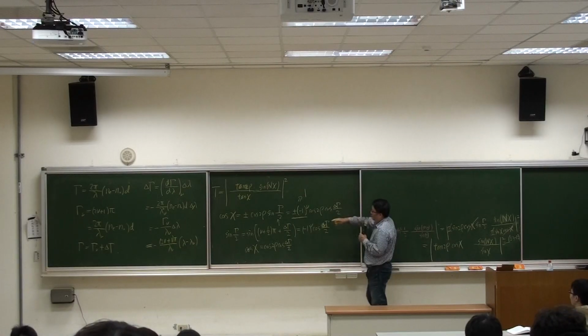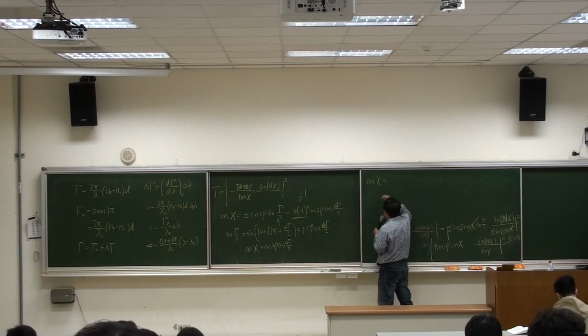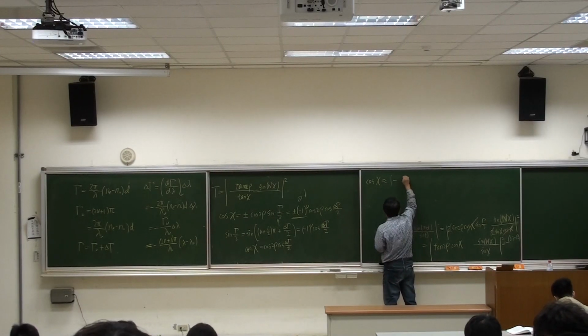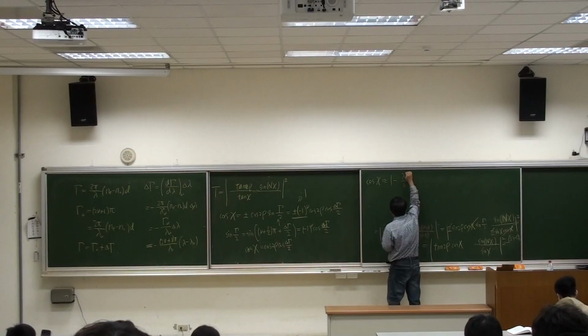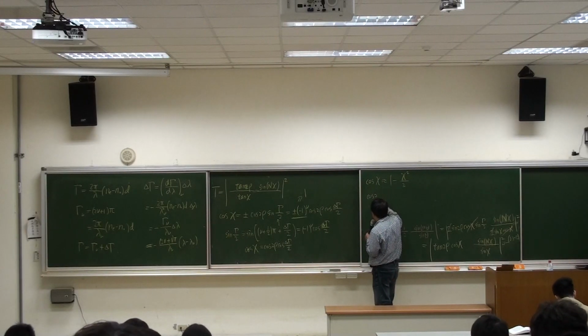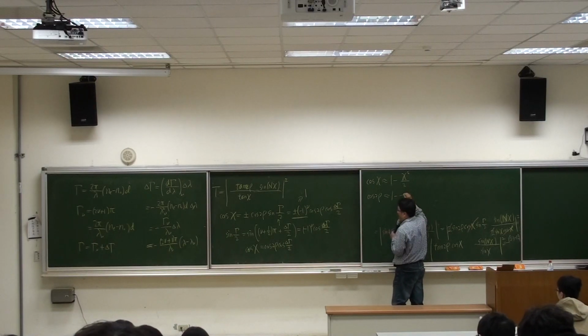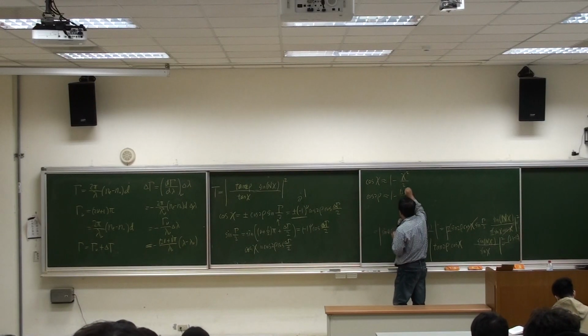So cosine chi can be approximated as 1 minus 1/2 chi squared. And cosine 2 rho can be approximated by 1 minus half 2 rho squared.